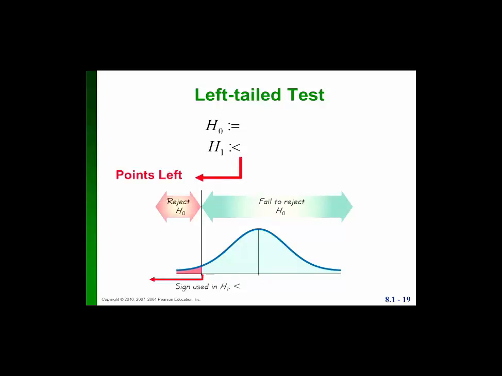That means the rejection region is in the left tail, and we're not going to call it the acceptance region, but the fail to reject region is everywhere else.